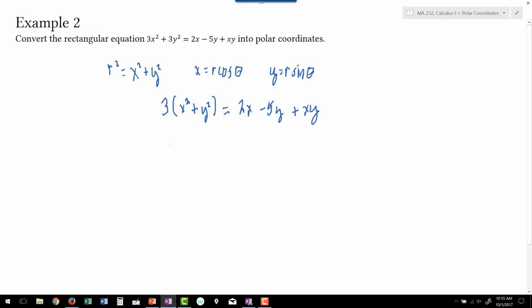And that allows me to just plug in r squared instead of the more complicated expressions involving r cosine and r sine. The rest of the x's and y's I do need to substitute using the r sine theta and r cosine theta relations.